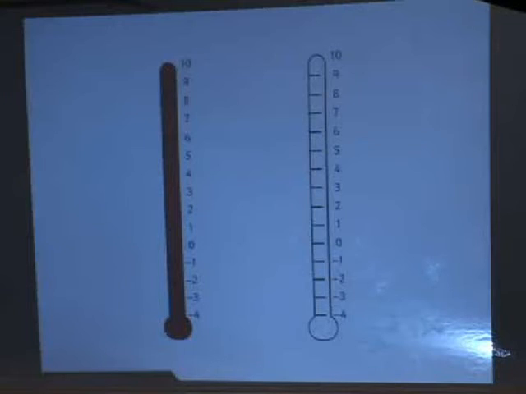So if you look up at the board, we have a thermometer showing 10 degrees, we'll say Fahrenheit. If it's 10 degrees, it's cold, isn't it? So is that positive or negative? Positive. Okay, well, last night it got really cold, and it dropped to negative 4 degrees Fahrenheit. How far did it drop? Dylan? 14 degrees.